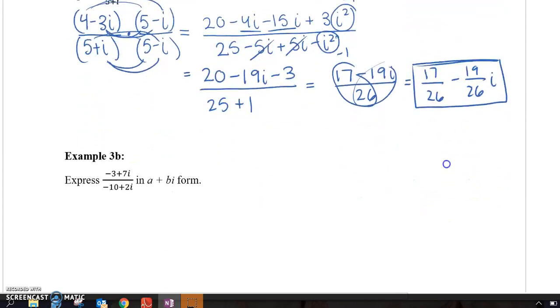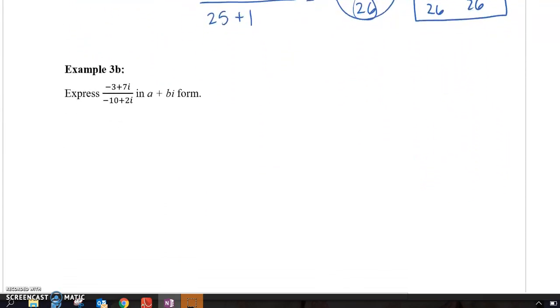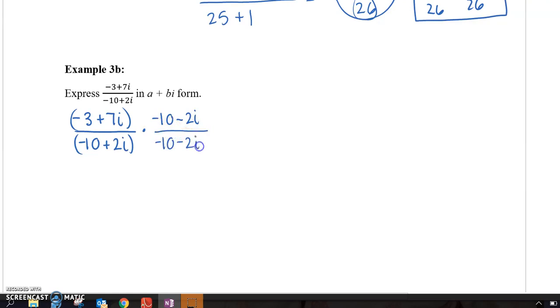Let's do another. We'll multiply by the complex conjugate of the bottom, again, to make 1. So negative 3 plus 7i over negative 10 plus 2i, parentheses because we'll need them eventually, times negative 10 minus 2i, all we're changing is that sign in the middle, over negative 10 minus 2i.